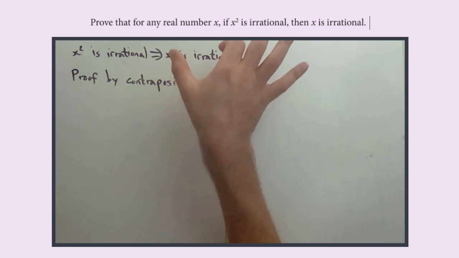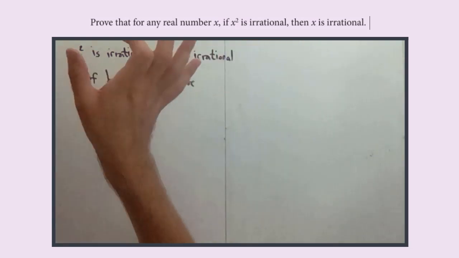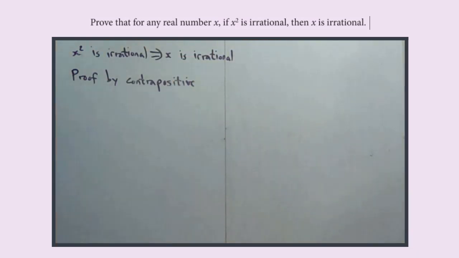So this is going to be x is rational implies that x squared is rational, and the main advantage is that it's a lot easier to define something as rational than to define something as irrational. So that is a massive advantage.